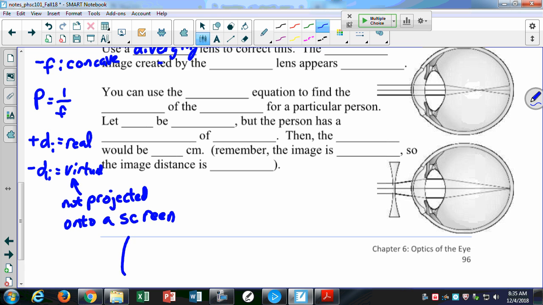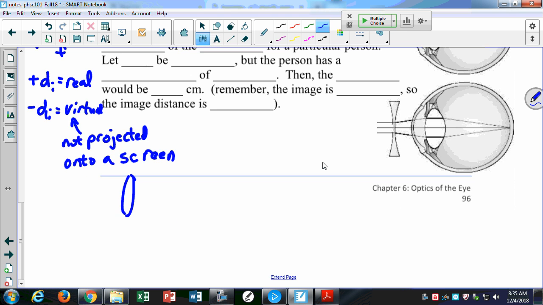So if I think about a convex lens, let's say that I have light coming in from this direction. It doesn't really matter what the object is. But if I have an image over here, this is a real image. Actually, it turns out that that real image is inverted, but let's go ahead and write it that way.